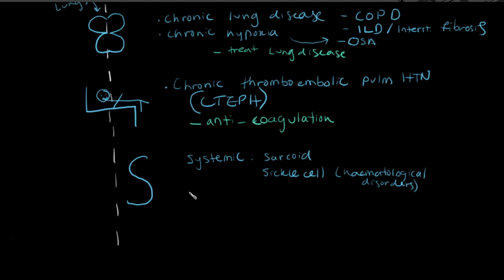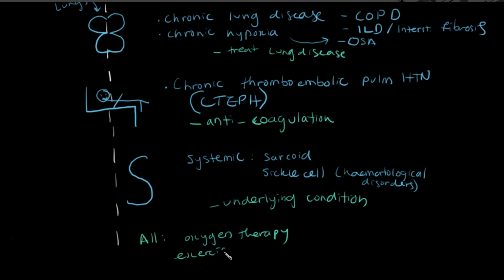And again, the treatment for this is quite simple. It is treat the underlying condition. Importantly, which we haven't really discussed, but for all types of pulmonary hypertension, we know that there is evidence to show that oxygen therapy and what's called graded exercise therapy, or we can just say exercise therapy, is proven to help all patients with pulmonary hypertension.